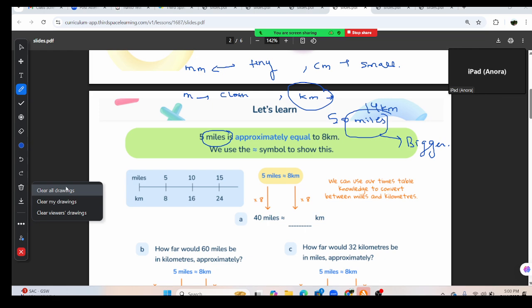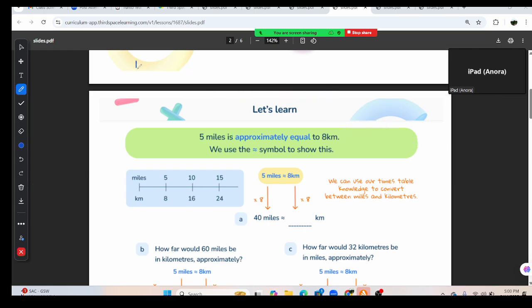So basically 1 meter is 100 centimeters, and 1 centimeter is 10 millimeters, and 1 kilometer is 1000 meters.